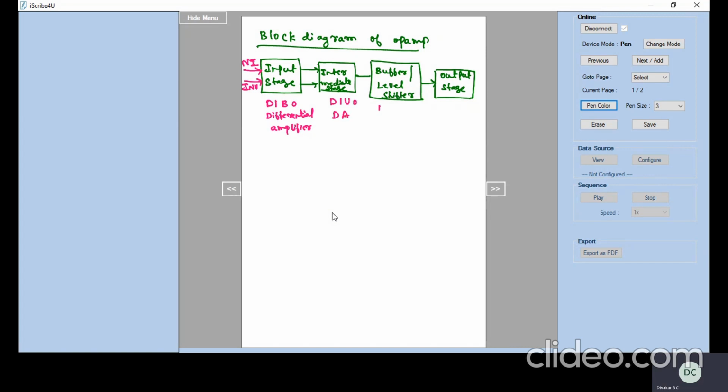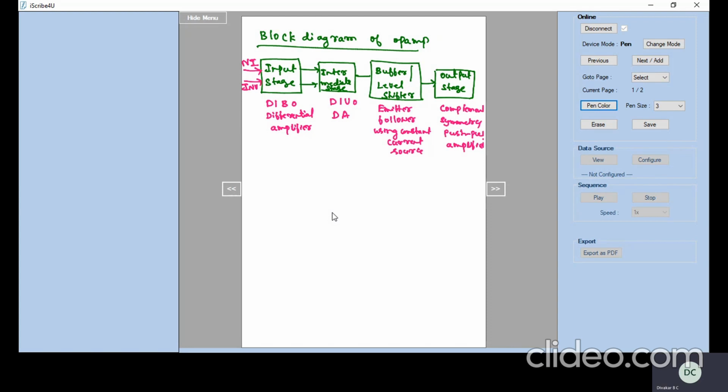The buffer stage is an emitter follower using a constant current source, and the output stage is a complementary symmetry push-pull amplifier, to handle the large amount of power.